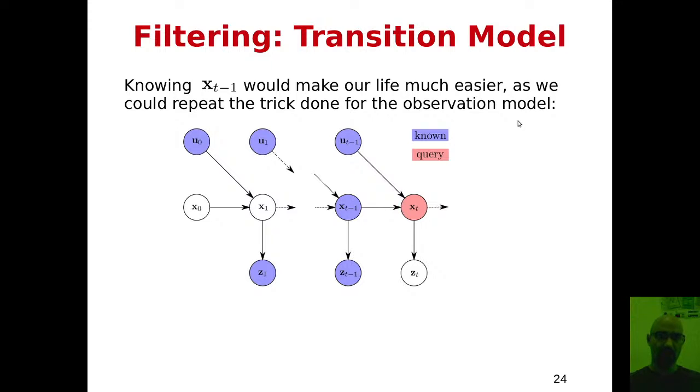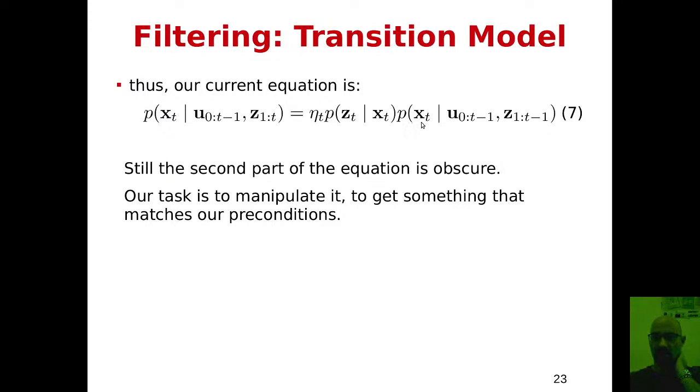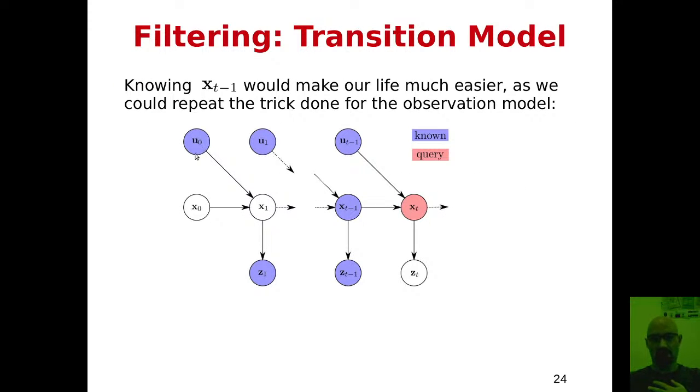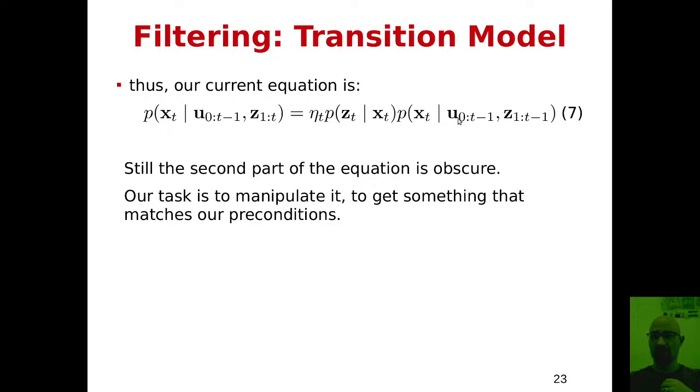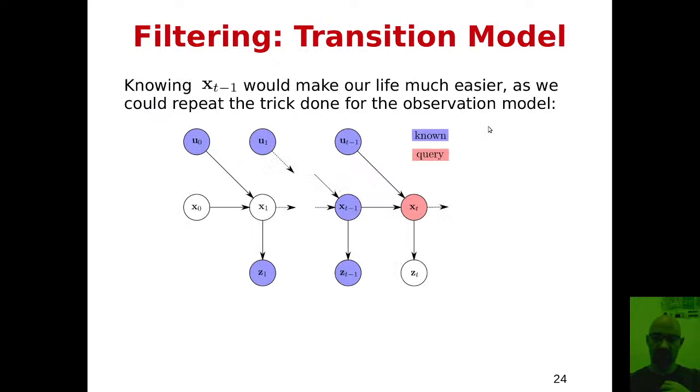And so, by painting this distribution over here in the Bayesian network, we would color with the previous color coding all the controls up to time t minus 1 and all the measurements up to time t minus 1. We would not color x t minus 1. This we would not assume known, right? Because it doesn't appear in this list.